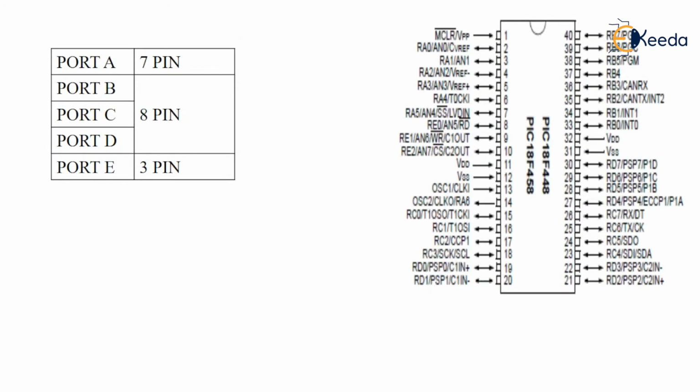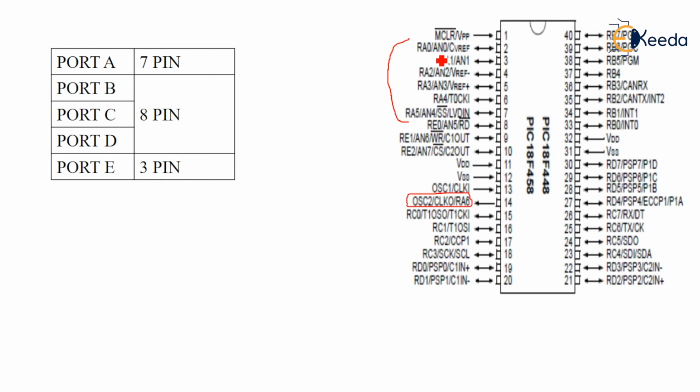Then port A has 7 pins, ports B, C, D have 8 pins, and port E has 3 pins. In this pin diagram we can see port A over here: A0, A1, 2, 3, 4, 5 and 6 over here. 0 to 6, that means 7 pins are assigned. You can see over here RA0 is assigned as an input or output.